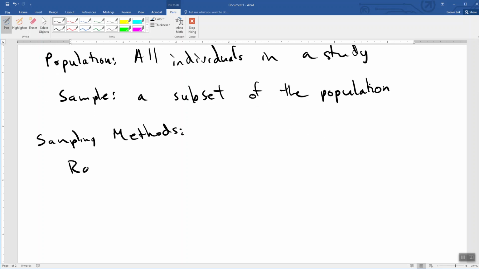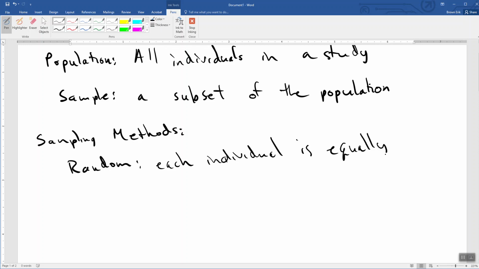So there was just the basic random sample, and that is where each individual in the population is equally likely to be picked, and some sort of random process is employed to select the people, like what I showed in Project 4, where we used a random number generator and randomly selected a number between all the possible outcomes.